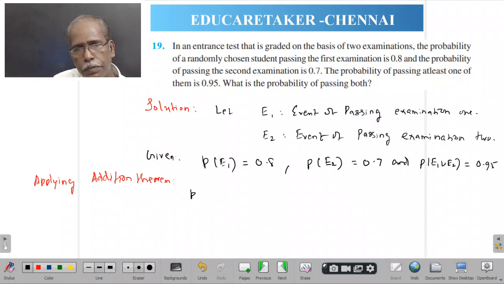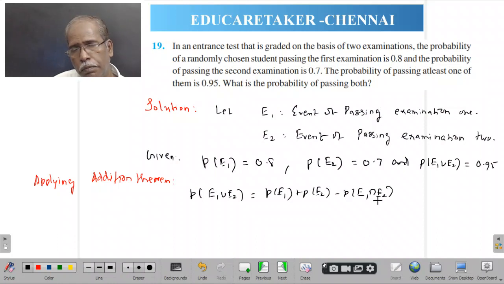P of E1 union E2, this regular formula, is P of E1 plus P of E2 minus P of E1 intersection E2. But we need the probability of passing 2 examinations simultaneously. So P of E1 intersection E2 is the required one.